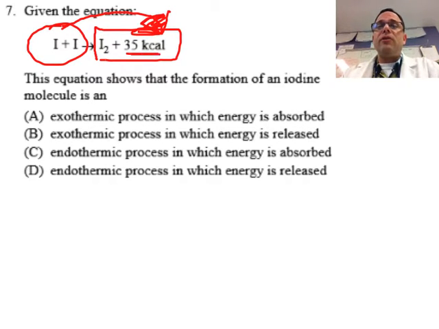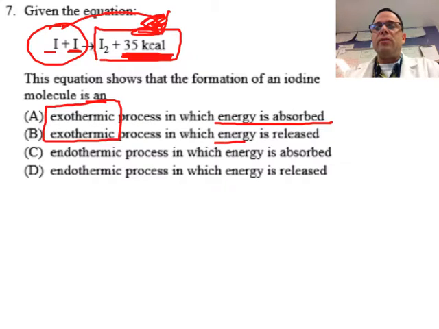So here this energy is being released. It is no longer part of this iodine and this iodine. And that is also consistent with our studies on bond formation, because when bonds form, energy is released, and that takes on this term called exothermic. So is it exothermic because energy is being absorbed or energy is being released? And it's letter B.